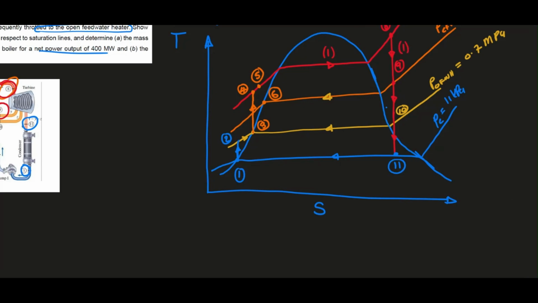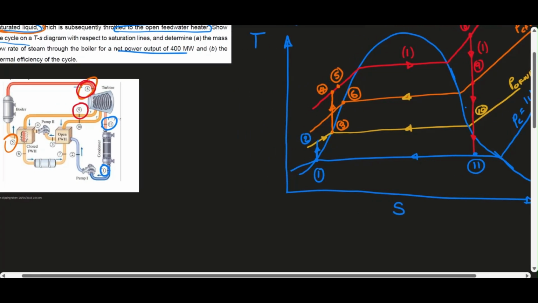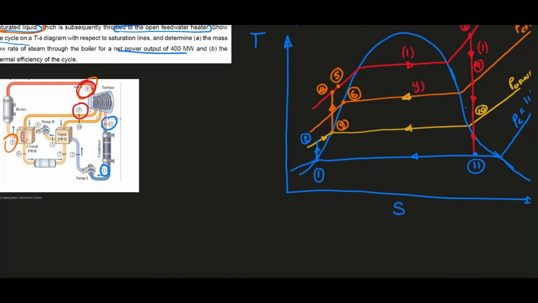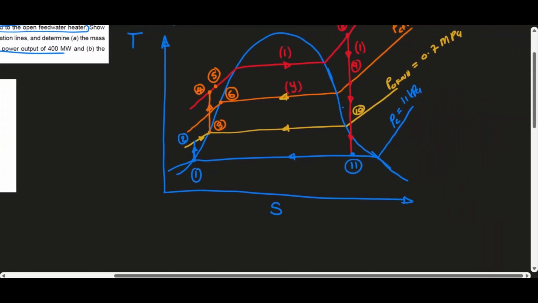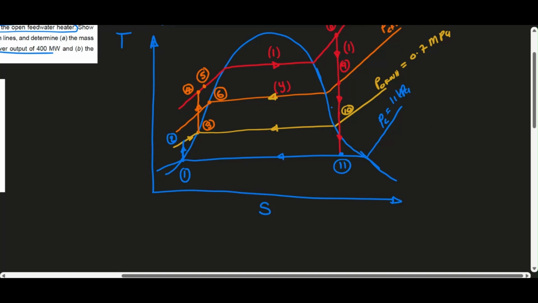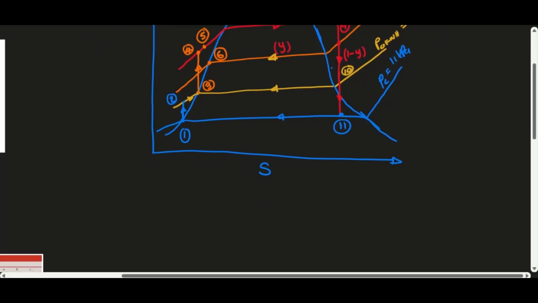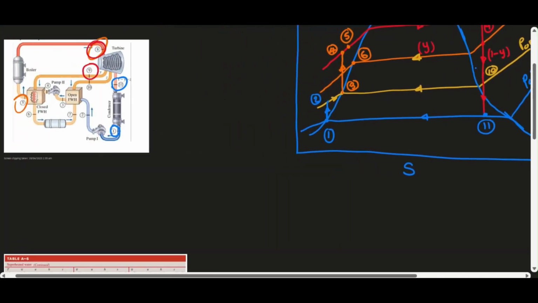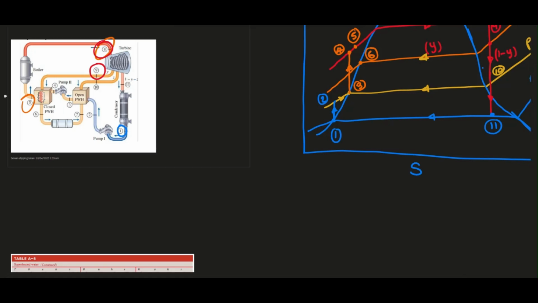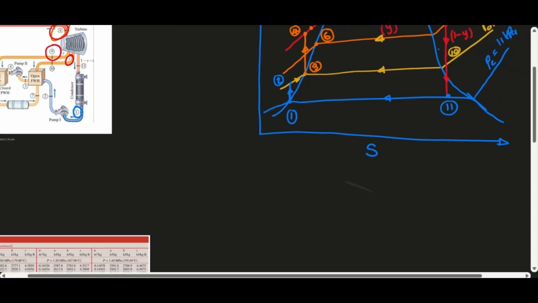and it's only after 9, well, at 9, there is extraction of a certain portion of steam that is known as Y. So Y is extracted. Therefore, from 1 we had 1, and from that 1 Y was extracted, so we are left with 1 minus Y steam. Now from 1 minus Y steam, a portion Z was extracted.